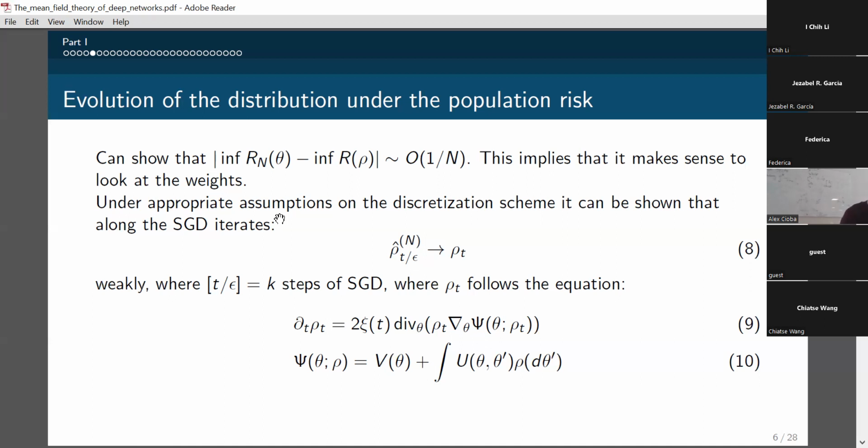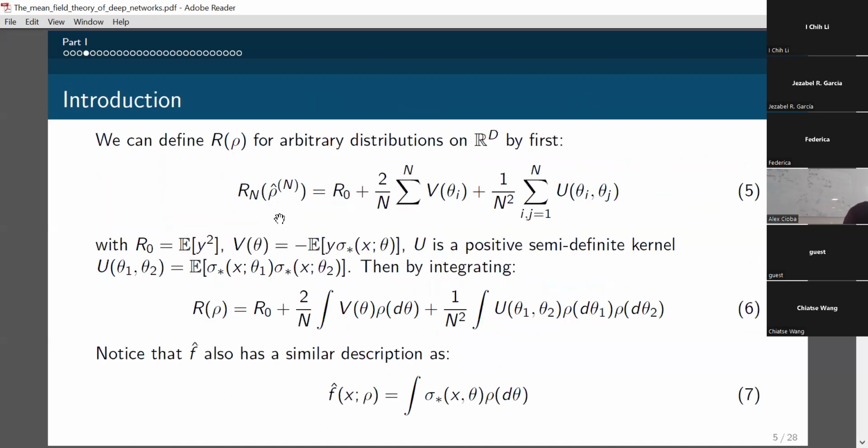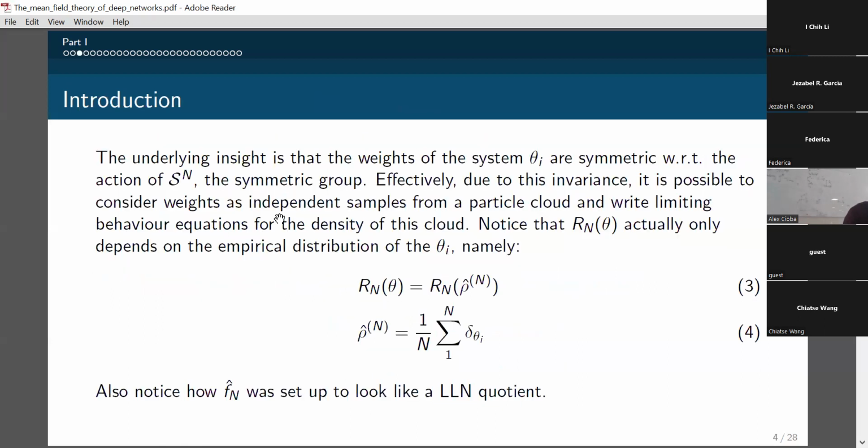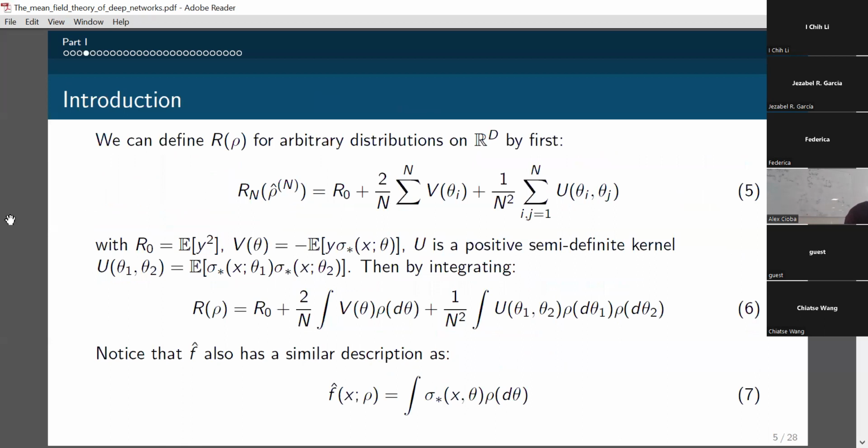Maybe to help clarify your question a little bit: this population risk looks like some sort of quadratic functional on rho, right?